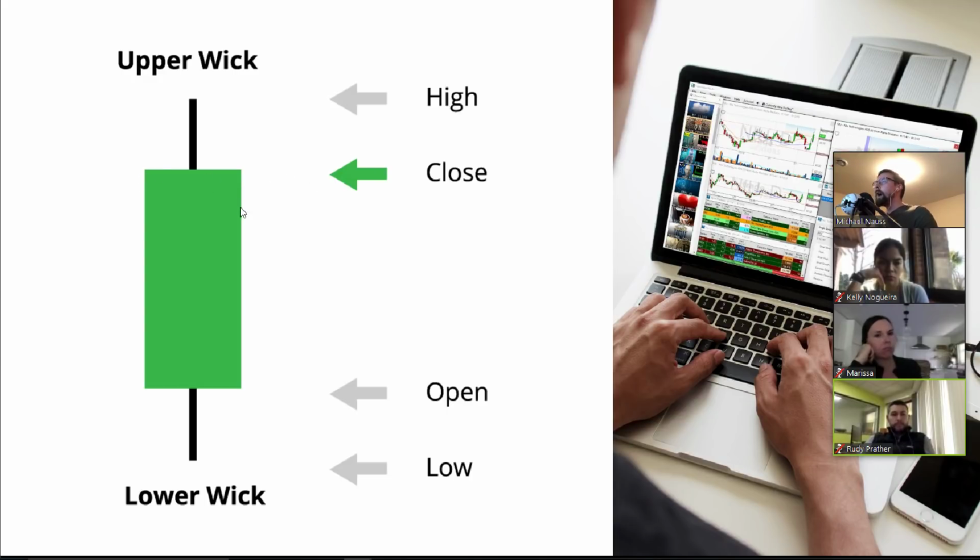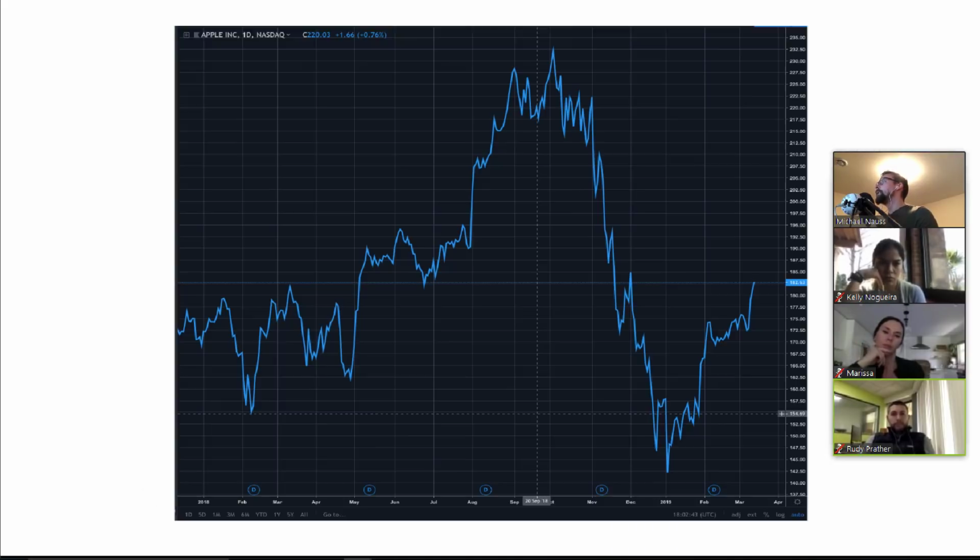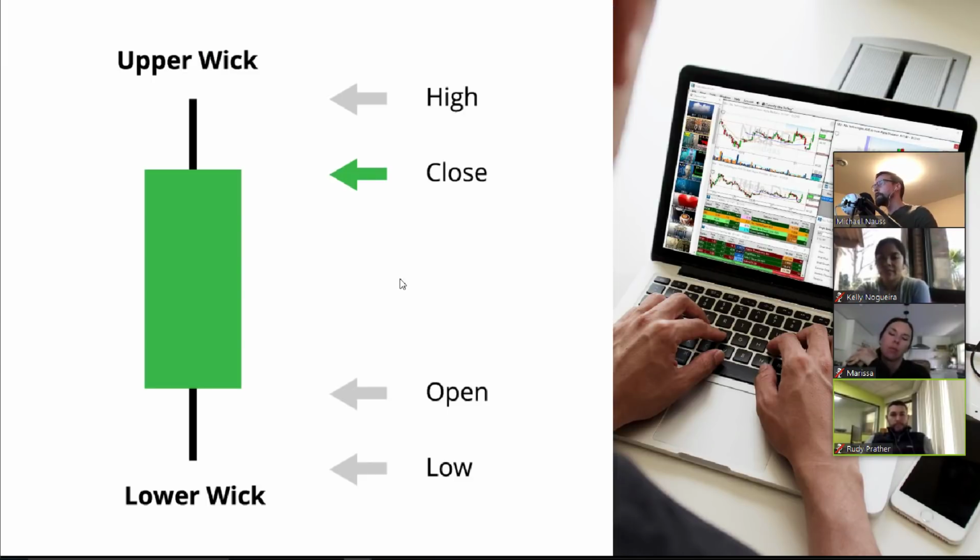So I can look at this chart, and you can very easily see that most likely, although you don't know exactly what happened intraday, the price opened up about here, sold down a little bit, rallied up throughout the day, and then sold down a little bit and closed here, right? So I get to see, if we go back to the other chart, what happened to make this print in this area.